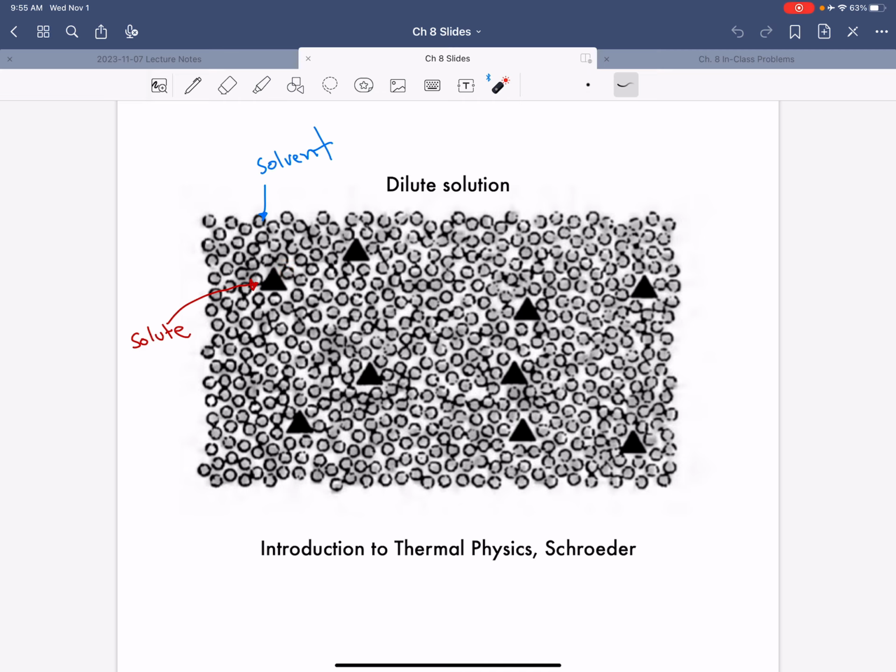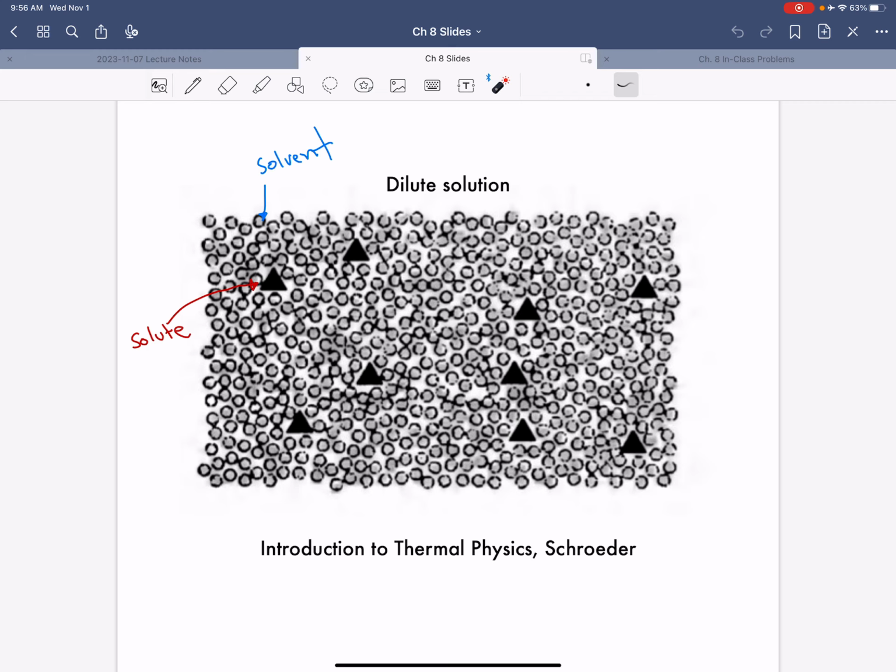In general, when we have a solute and a solvent, there may be some non-ideal interaction going on. But if we consider the entire solution, most of it is just solvent molecules, and so most of the interactions are just between solvent molecules. The interactions between solute and solvent are few and far between.